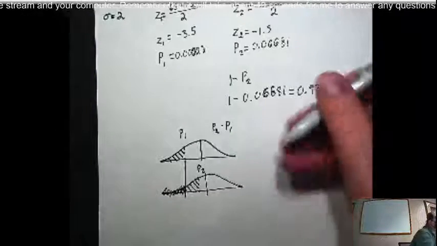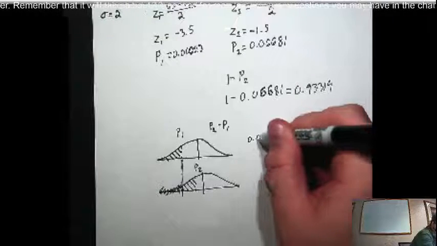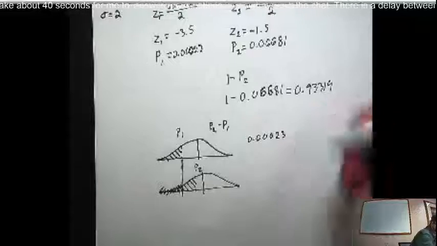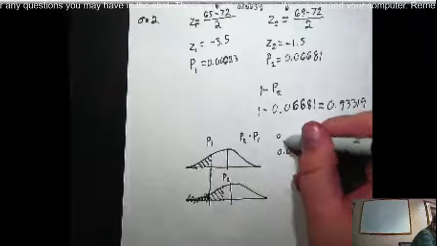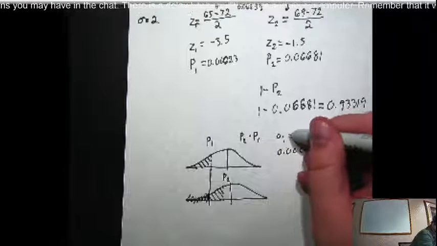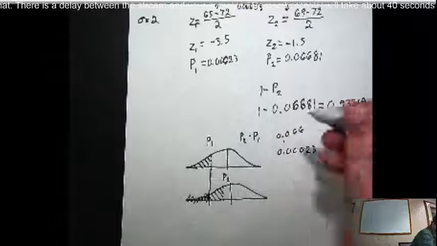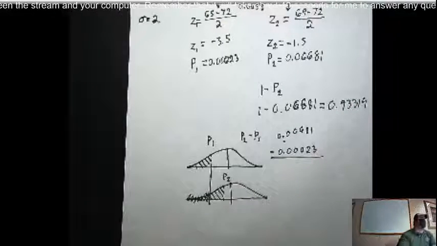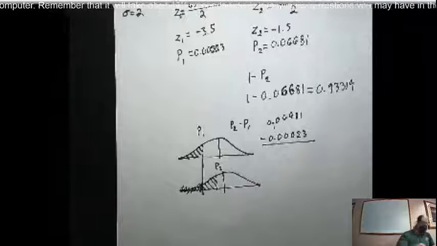So just to check and make sure that that does indeed work, our P1 was 0.00023, and we need to subtract this from 0.06681. Let's go ahead and subtract that and see what we get.